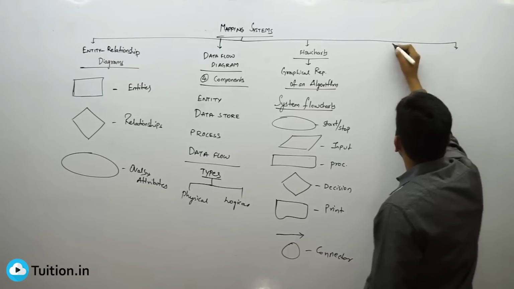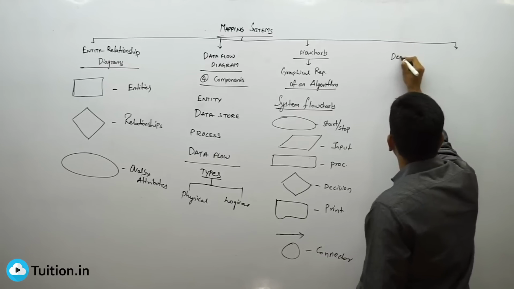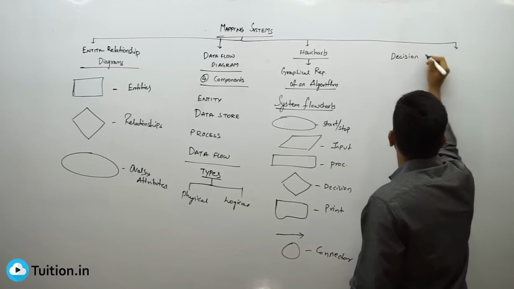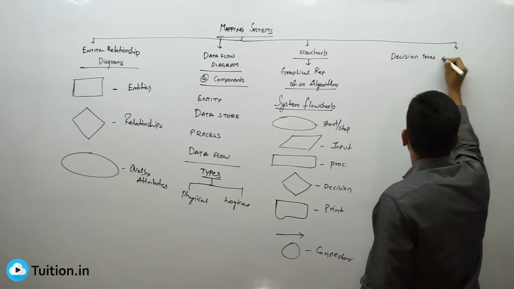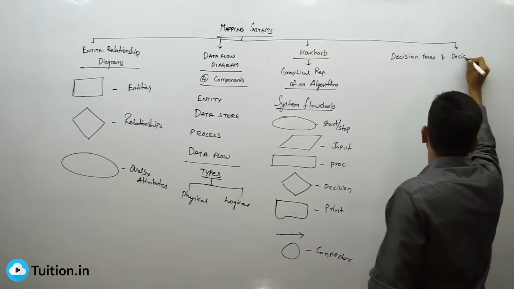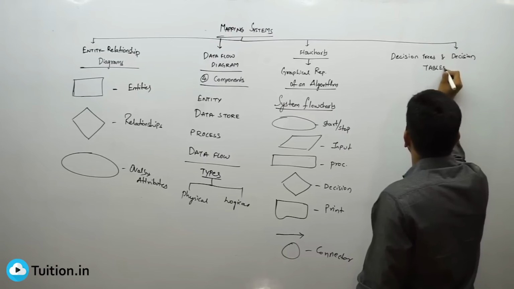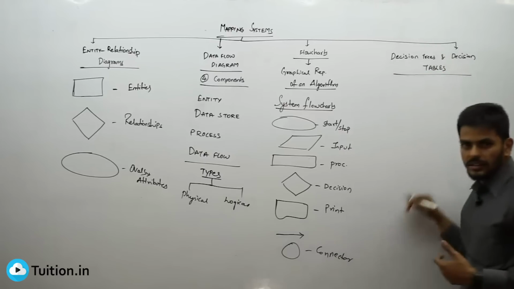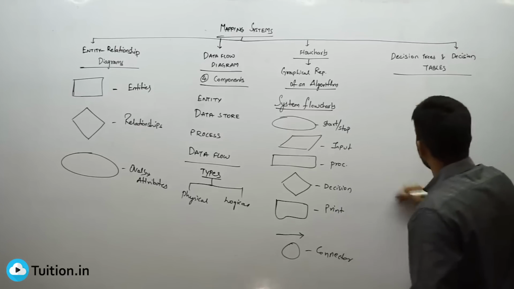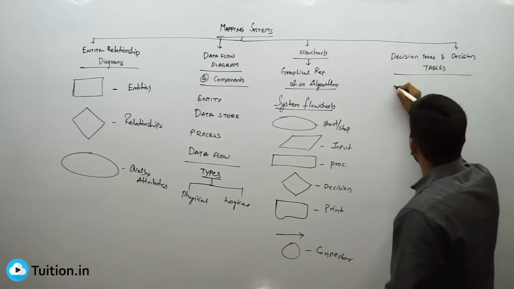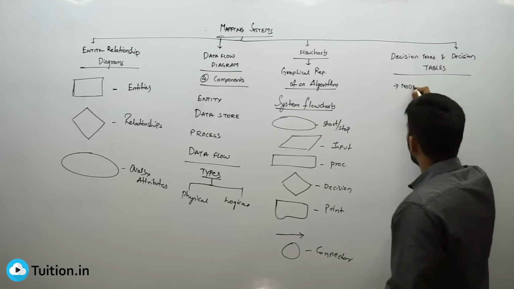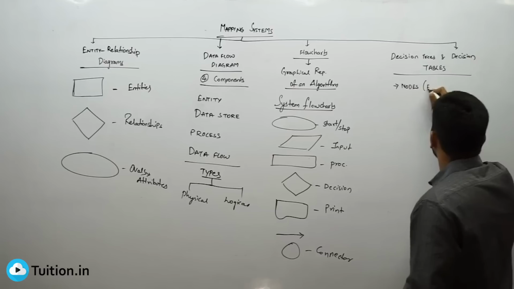Then we have two simple things here, decision trees and then decision tables. The decision tree is an inverted tree pattern where we have branches. So we have nodes. Nodes are what? Endpoints.